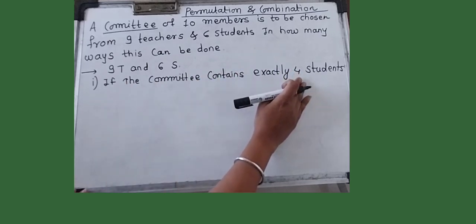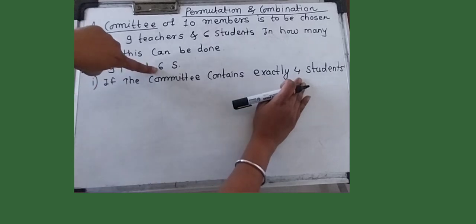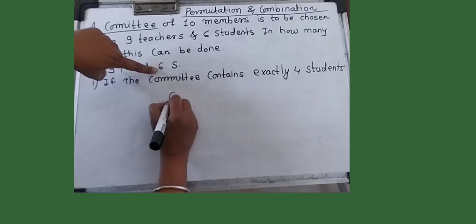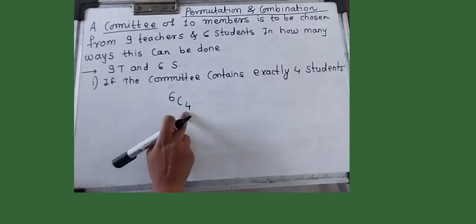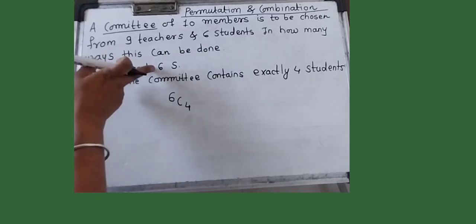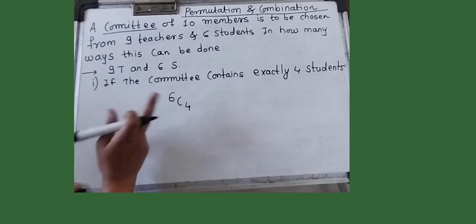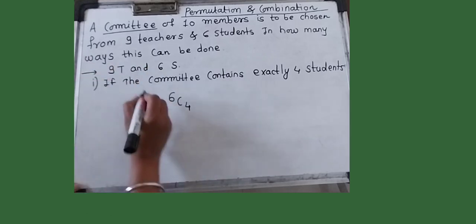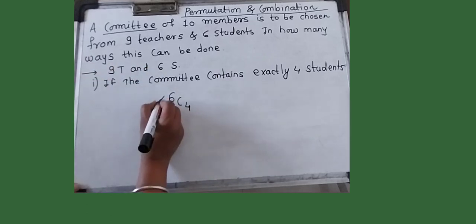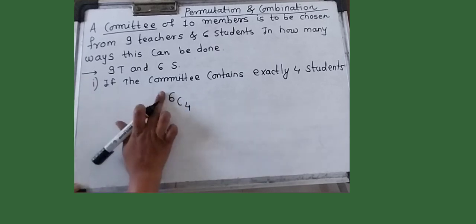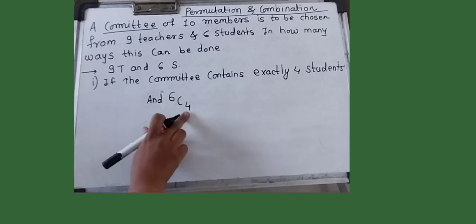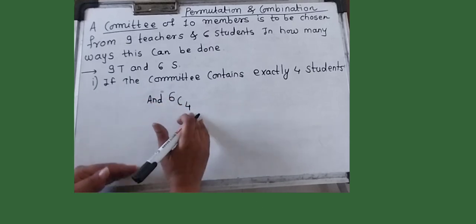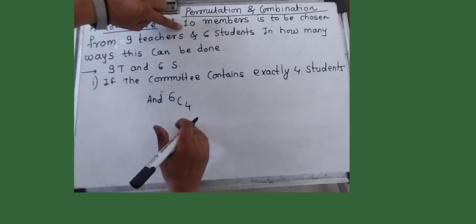Exactly 4 students chosen from available 6 students. So I write here 6C4. I choose exactly 4 students from available 6 students. Clear? And. So and is there, I used cross. 4 students are selected in the committee, but we want 10 members.